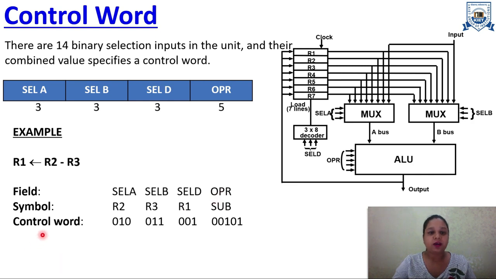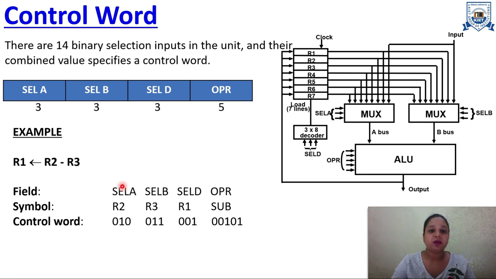So what is the control word? The control word for R2 is 010, for R3 it is 011, for R1 it is 001, and subtraction is this. So this whole will be the control word, which will be the input for this general register organization, and this is how a micro operation is understood and performed on this general register organization.